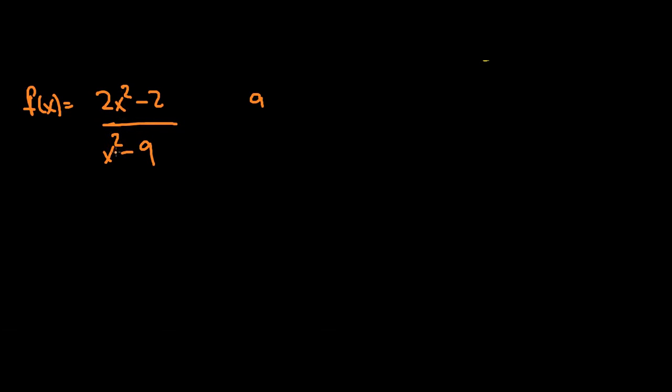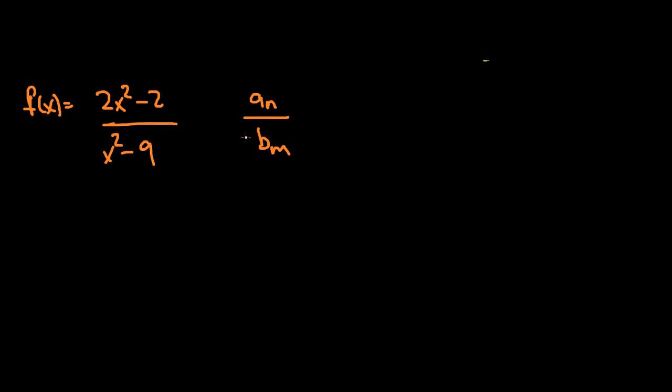Because we can see that both of these are the same power, we can say, well, the leading coefficient of the numerator over the leading coefficient of the denominator, and we can just divide those out, or we can just divide everything out by x squared, and either way we're going to get the same answer.